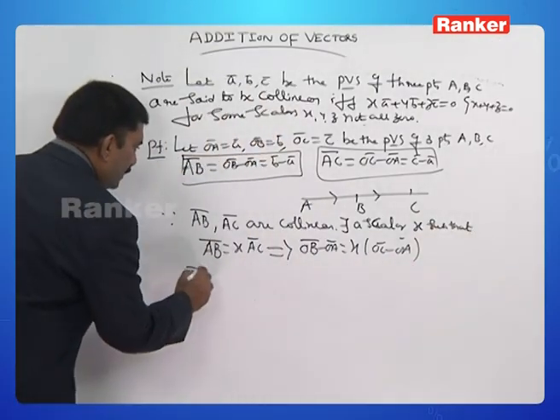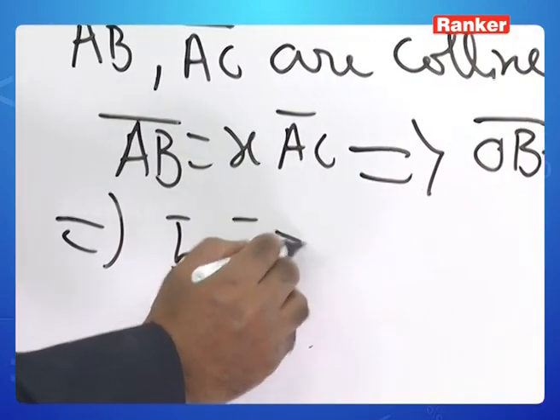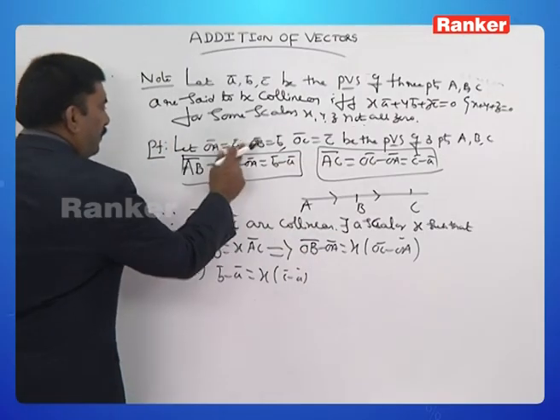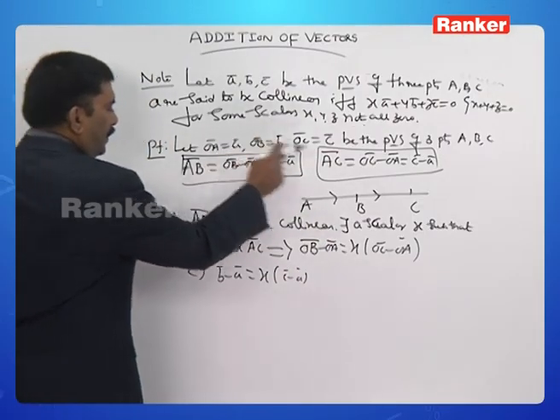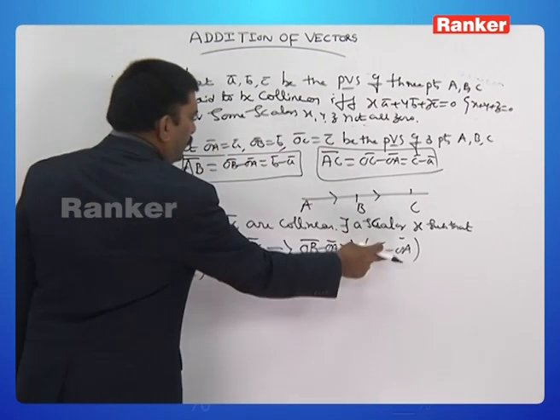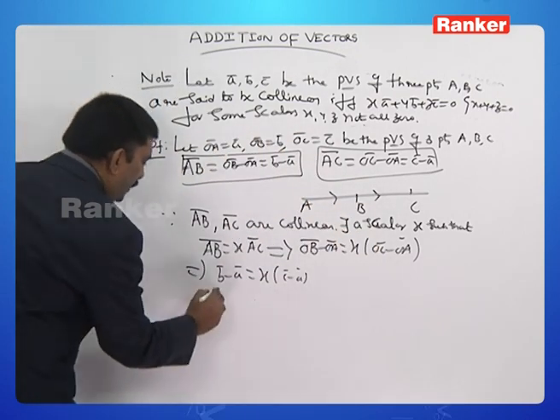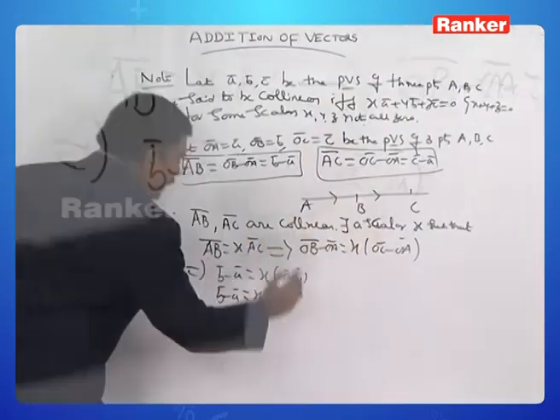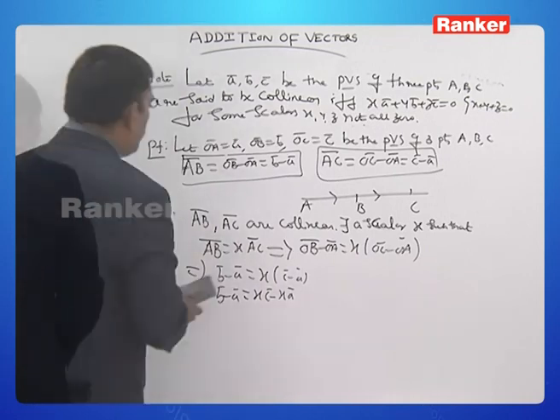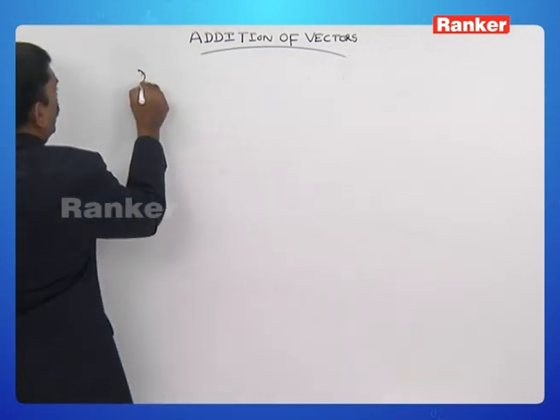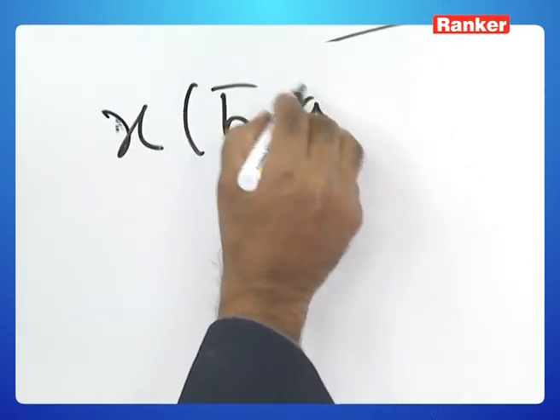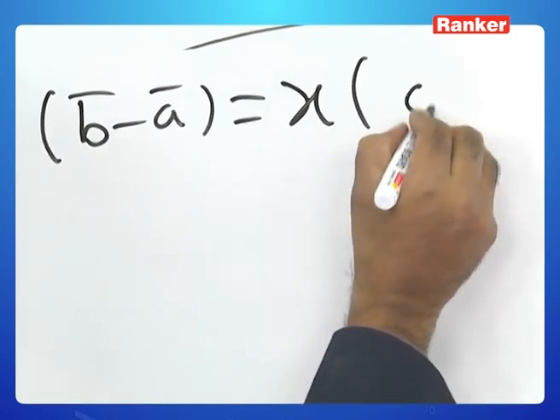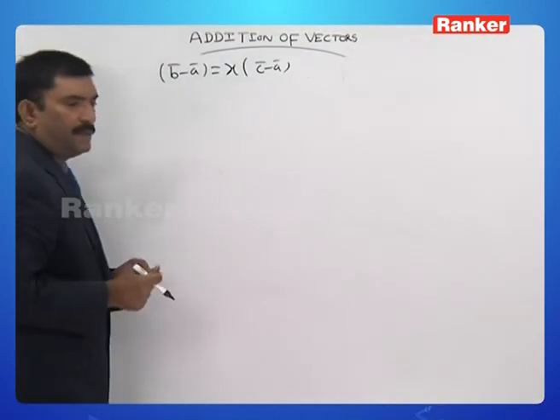I can write this as B bar minus A bar is equal to x into C bar minus A bar. OB is equal to B bar, OA is equal to A bar, OC is equal to C bar. So therefore, B bar minus A bar is equal to x into C bar minus x into A bar.